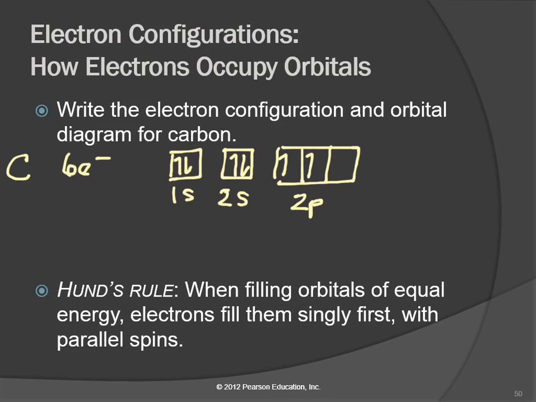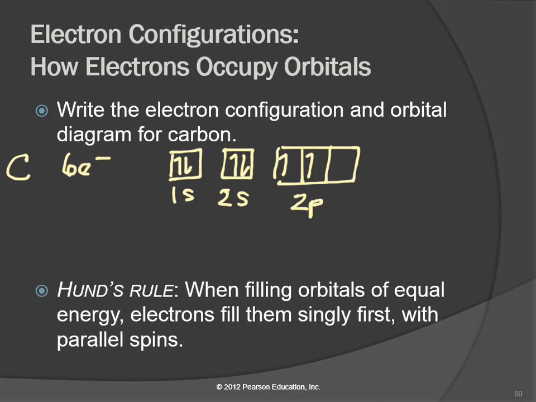So normally, we would fill them in order from left to right. And Hund's rule says when you're filling orbitals of equal energy, these orbitals are equal energy. They're in the same room. You can't charge somebody more because they're going to sleep in a particular bed in the same room. Because they're going to claim that they're going to sleep in the cheap bed, and you're not going to be able to go in and check on them.